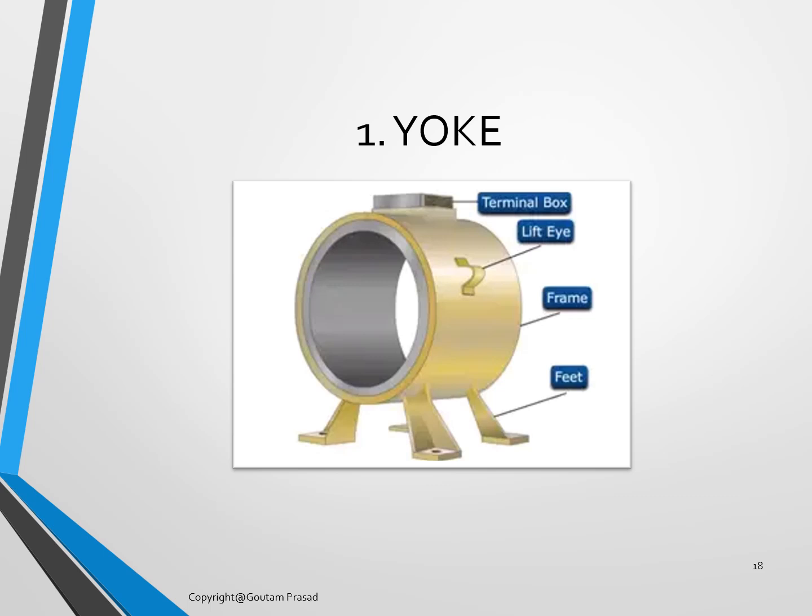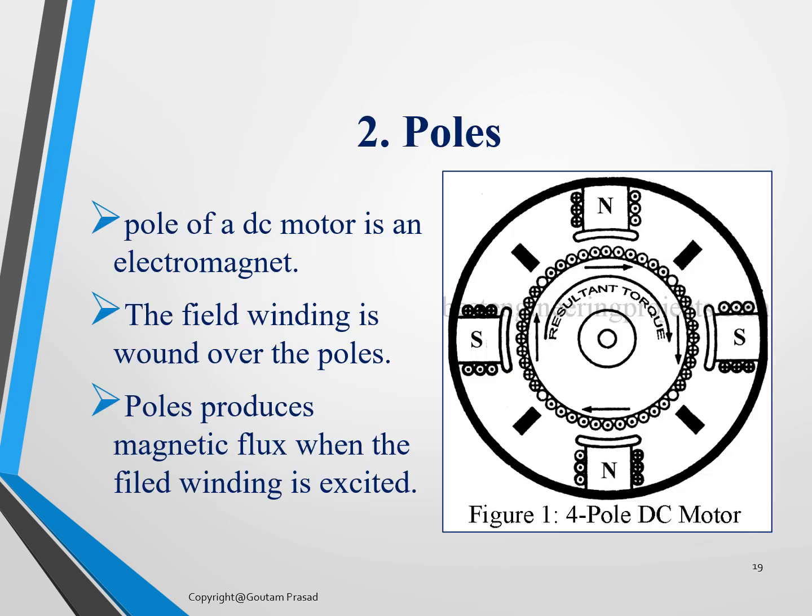You have the lift eye, with the help of which you lift the motor, the frame, and the foot of the yoke. Now you have poles. The poles of the DC motor are electromagnets. The field winding is wound over the poles, and the poles produce a magnetic field when the field winding is excited.